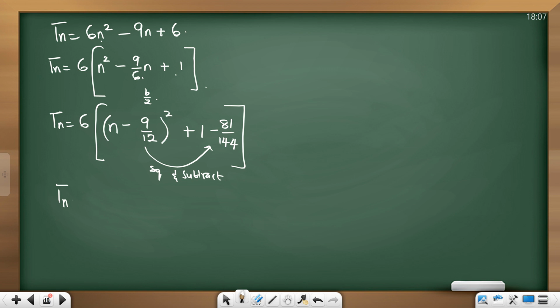Now I'll continue. Just leave the 6 outside there. Let's deal with the bracket: n minus 9 over 12 squared. What is 1 minus 81 over 144? 144 minus 81 should give us what? 63.